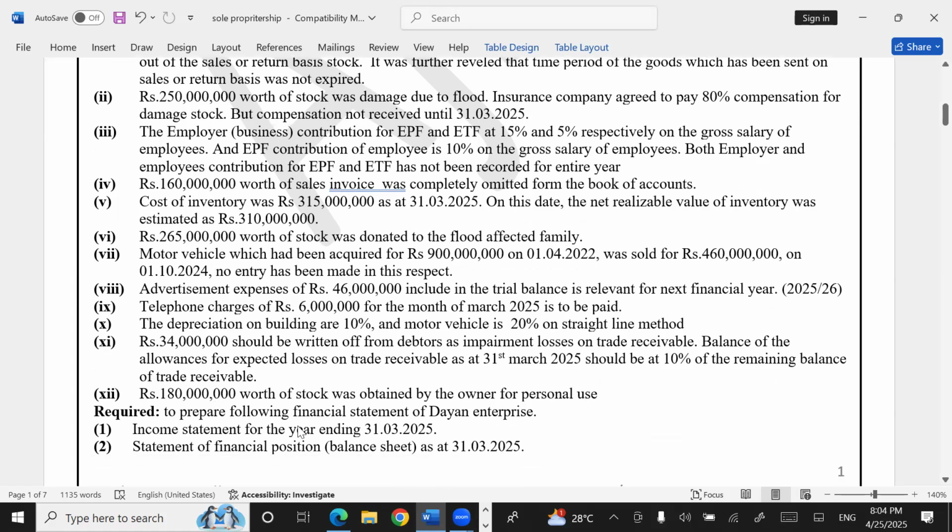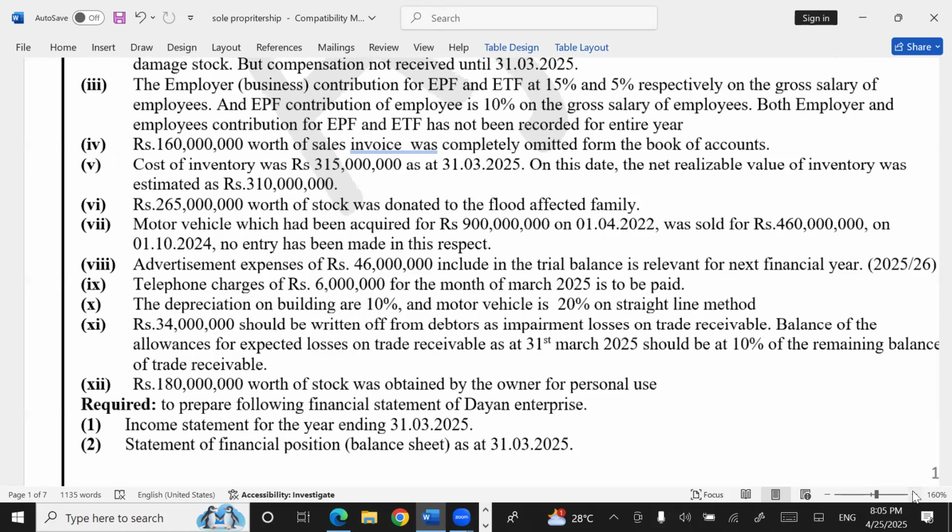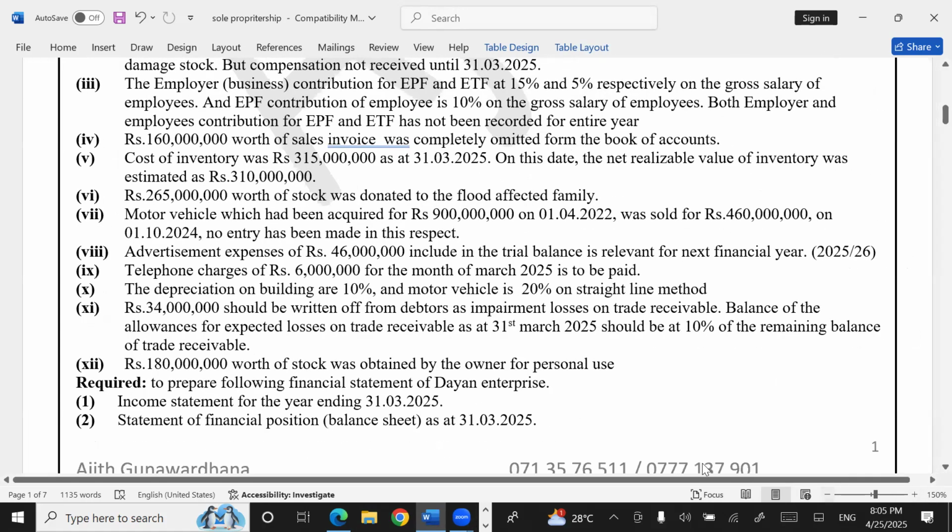They ask for the income statement for the year ended 31st March 2025 and the statement of financial position as at 31st March 2025. Income and expenses should be recorded in the income statement. Assets, liabilities, and equity should be recorded in the statement of financial position.